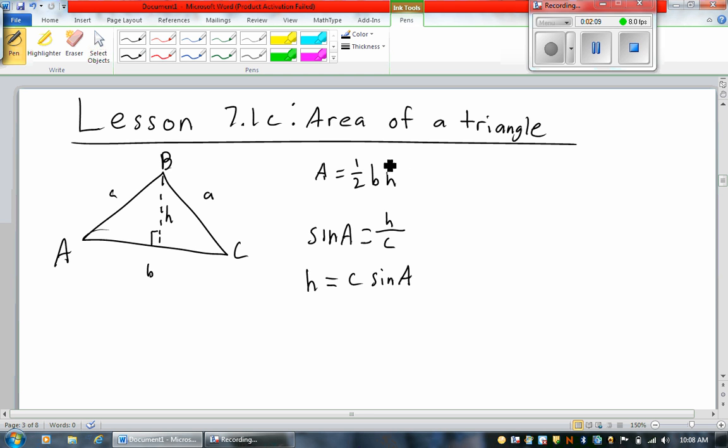So I'm going to take this area formula and rewrite it in the nicer way we just came up with.